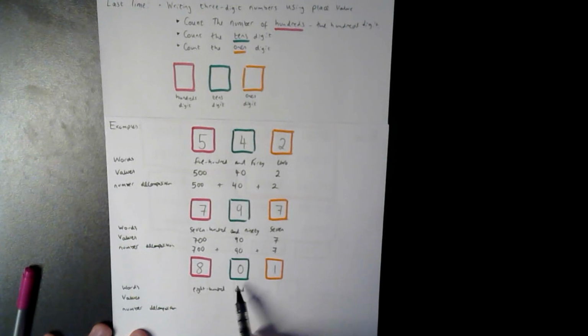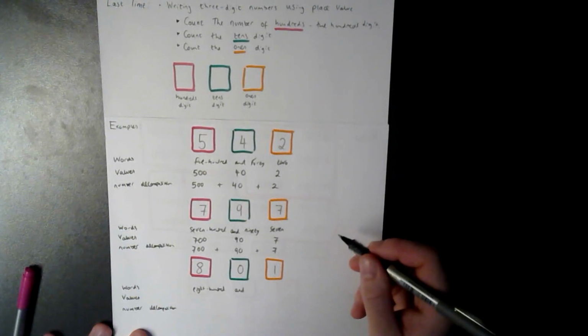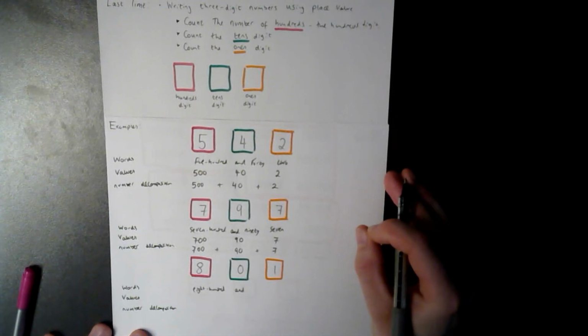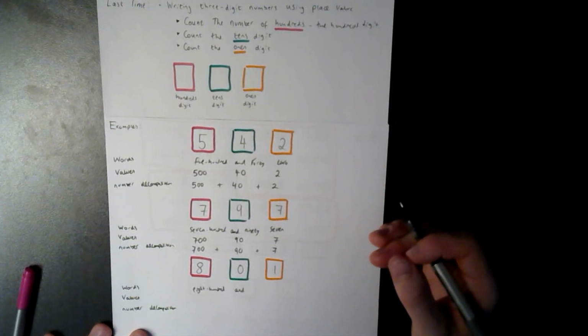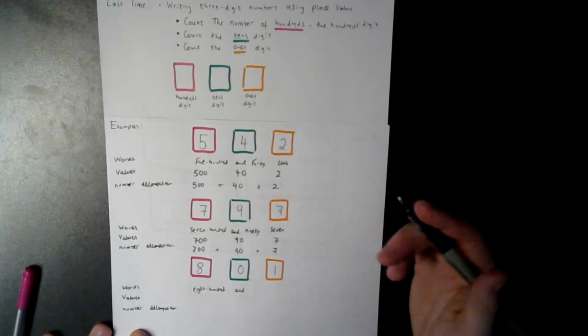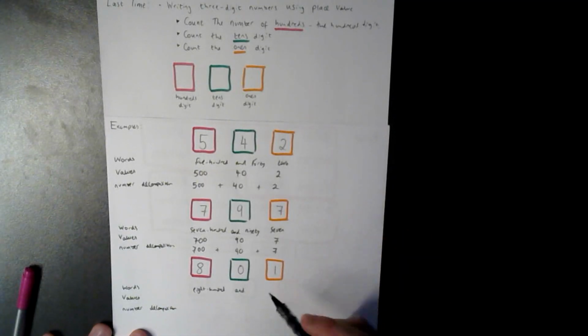And when we have 0 in one of these digits, anywhere really, we just sort of don't mention it because 0 is nothing. So if we have nothing, then we don't call it a name unless it's just nothing or 0. But essentially we'll just miss that out. And then we'll go straight on to this 1, so 801.